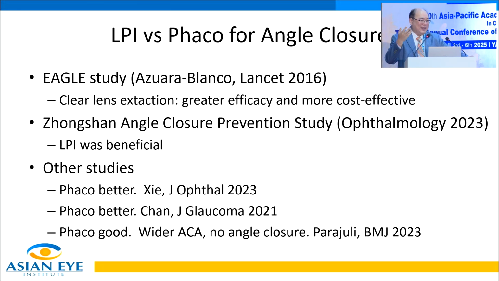That's why you want phaco, no? Oh, surgery, so they pull back. But other studies comparing YAG-LI and phaco always show that phaco is better. There are several publications about the benefits of phaco and prevention of angle closure afterwards.